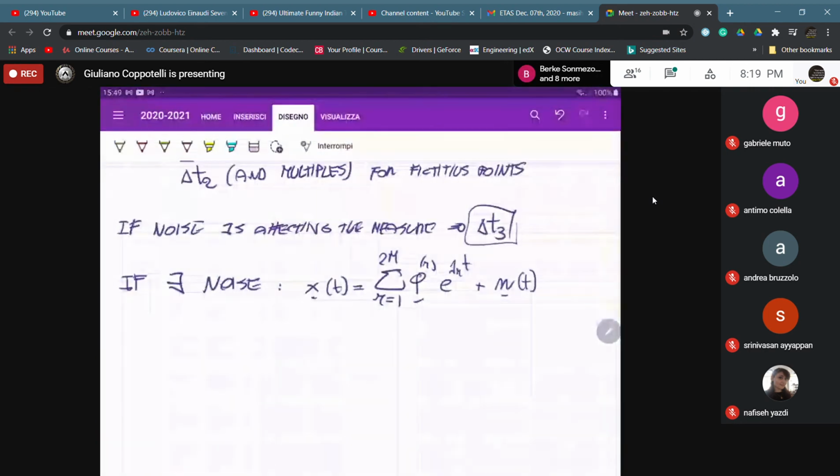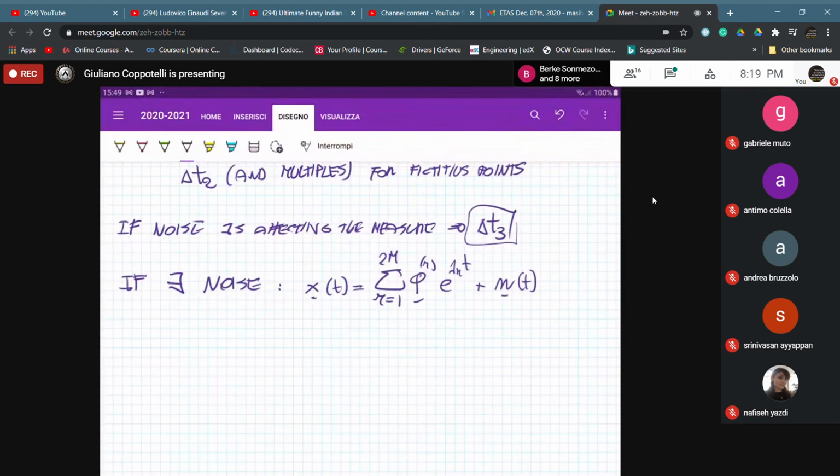We can rewrite that by introducing the noisy modes.